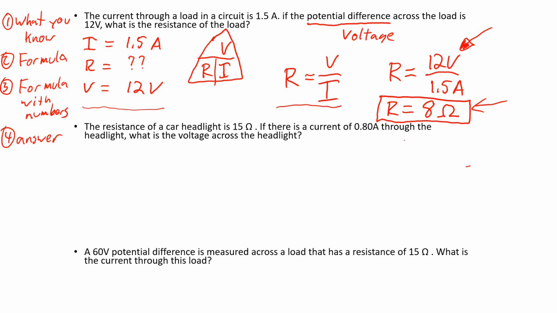So we're going to do the next question. First I'm just going to prep my question by putting down what we know. The resistance of a car headlight is 15 ohms. If there is a current of 0.8 amps through the headlight, what is the voltage across the headlight?